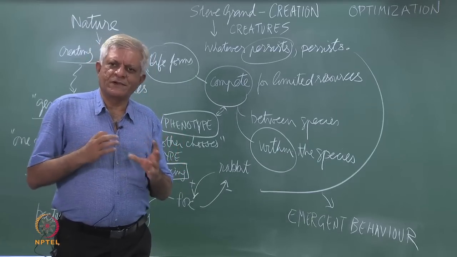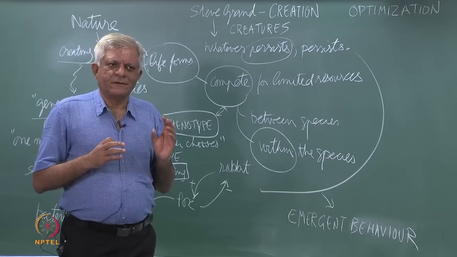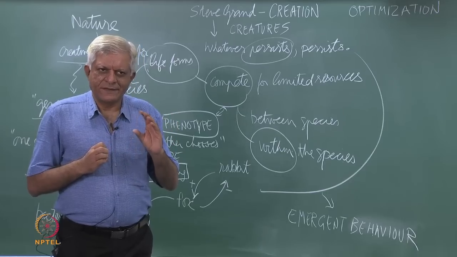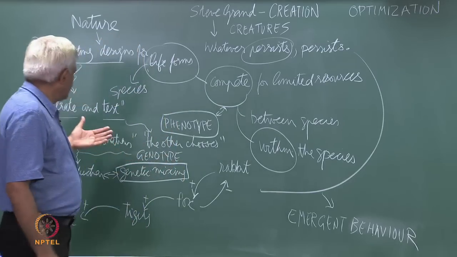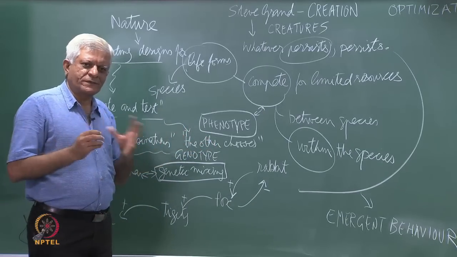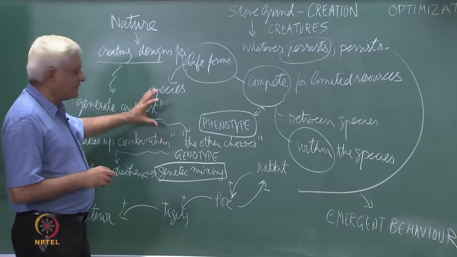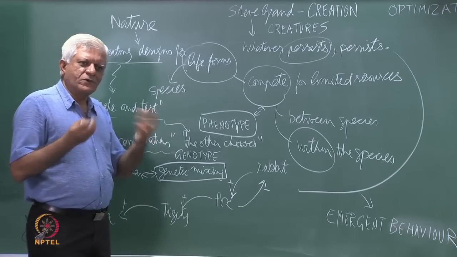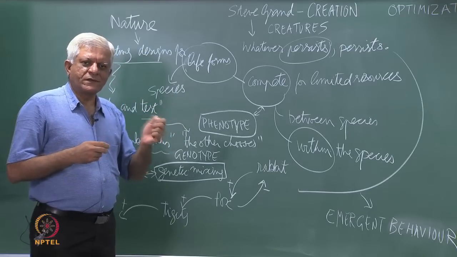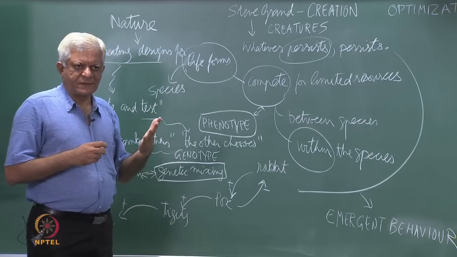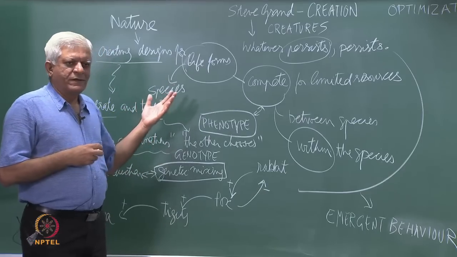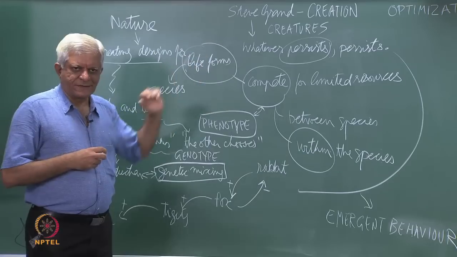You allow for random mixing of genes and you have a mechanism for keeping the best. So, one makes up the combinations and the other chooses. So, there are two processes, this generate and test: one is combining things to produce new creatures and there is some mechanism which is judging which creatures are good, which creatures are bad and allowing them to survive essentially, and in the process we want to see if we can improve upon the designs and come up with the optimal design, whatever optimal means here.